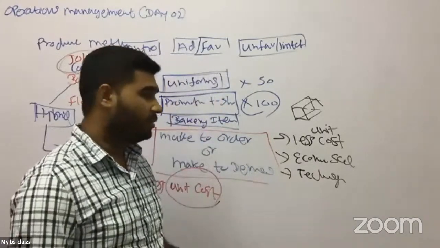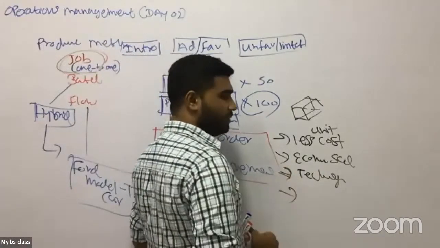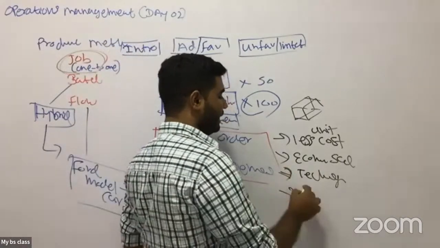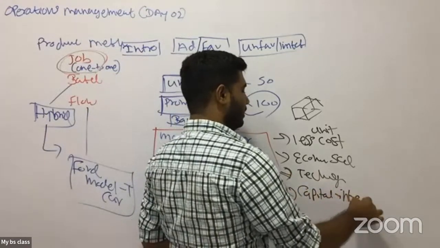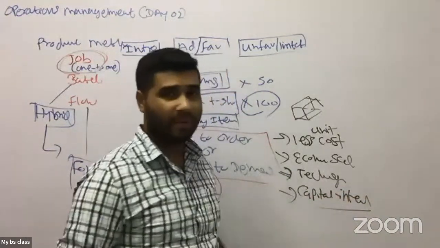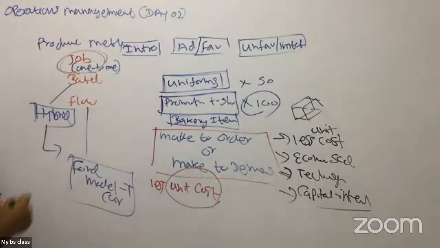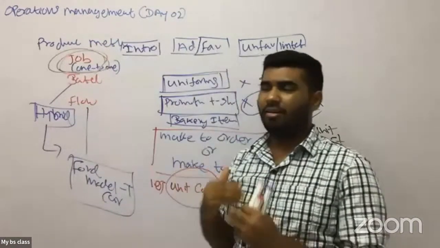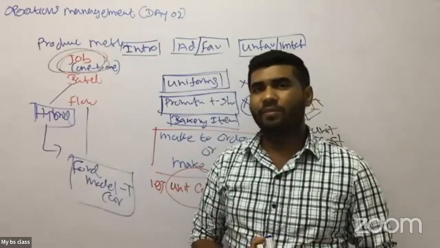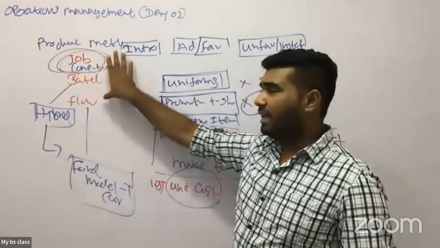So here you can use the technology, and since you are using the technology, this could be something related to, I would say, capital intensive production. Now this is an economic word, the capital intensive and the labor intensive. From the flow side to the job side, most of the time there is more human intervention. Because the product is different each time, it is hard to use large technology and machineries. So it is mostly labor intensive.